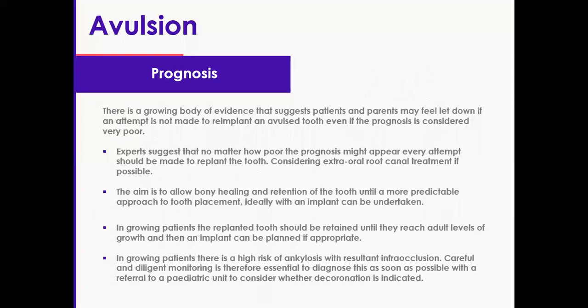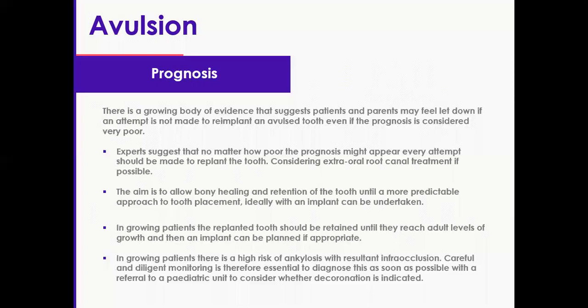If it is an immediate replantation, it may have a very good prognosis. So it all depends. But in teeth with poor prognosis, try your best to replant, but advise with regards to the poor prognosis.